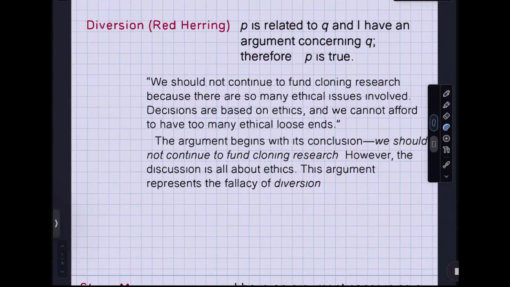The red herring. You're not going to see this as diversion; you're going to see this more as a red herring. P is related to Q, and I have an argument concerning Q, therefore P is true.